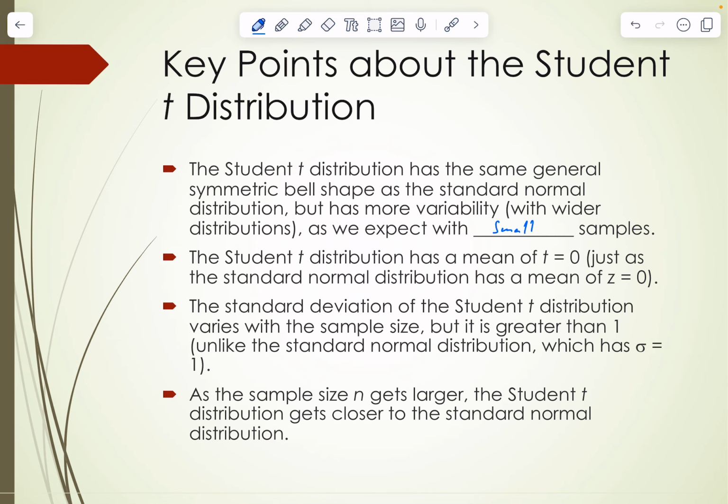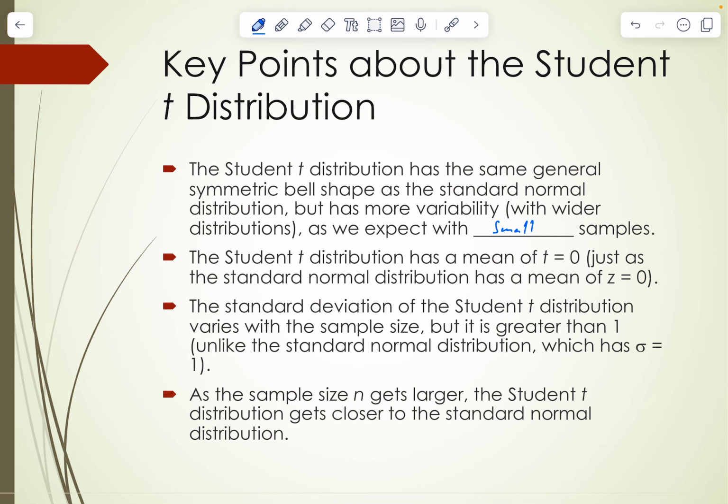The student t distribution has a mean of t equals 0, just as the standard normal distribution has a mean of z equals 0. The standard deviation of the student t distribution varies with the sample size, but it is greater than 1, unlike the standard normal distribution, which has a standard deviation of 1.